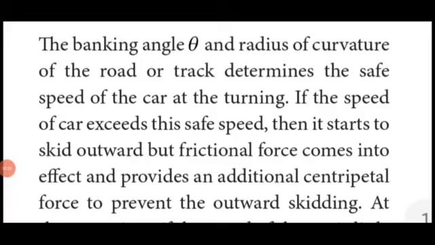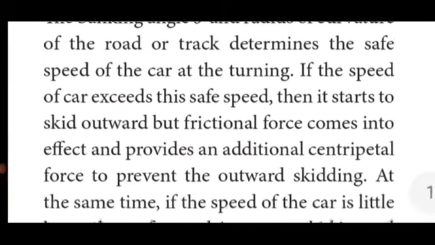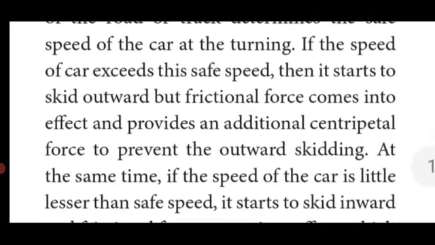The banking angle theta and the radius of curvature of the road or track determine the safe speed of the car at the turning. If the speed of the car exceeds this safe speed, it starts to skid outward. But the frictional force comes into effect and provides the additional centripetal force to prevent the outward skidding.